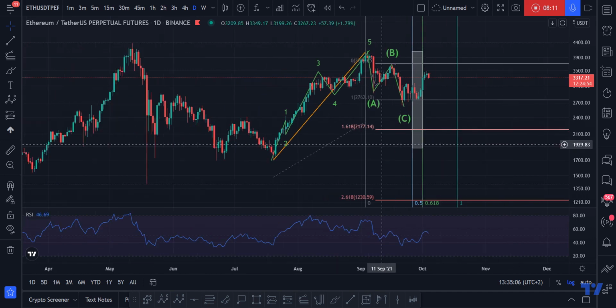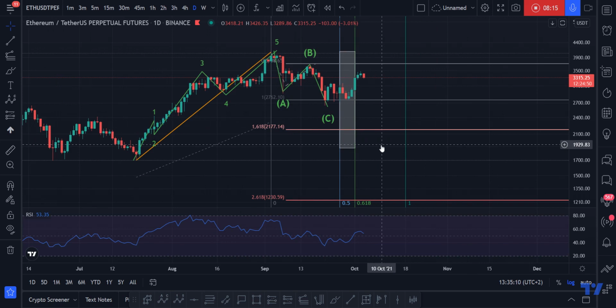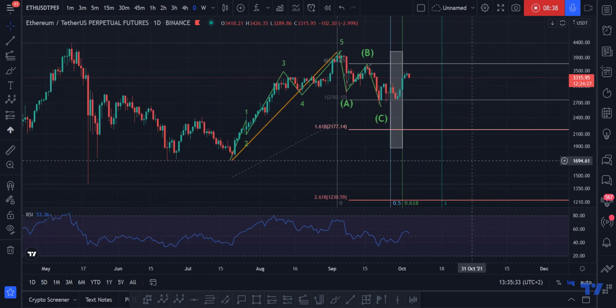What else can happen? Quite often, we have a connecting corrective pattern, for example an expanded flat or normal flat or something, and price is doing complex corrective moves.